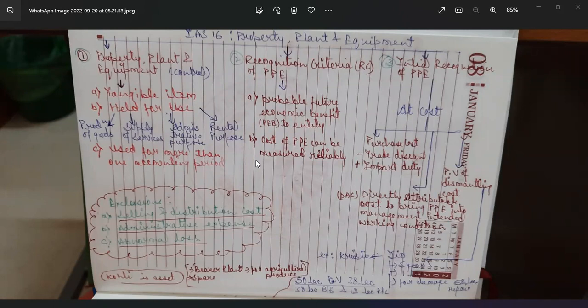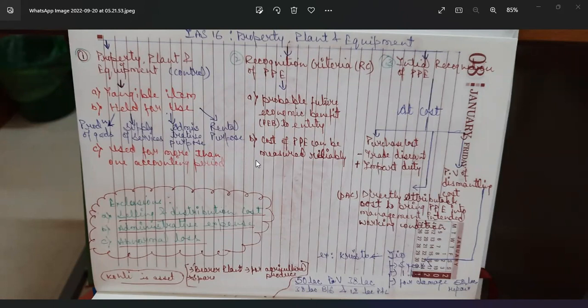So the very first is the purchase cost. Whatever the cost of PPE was at the time of purchase, we have to consider that amount. In that amount, if any trade discount is there, we have to deduct it. And if any import duty is there, we have to add it.